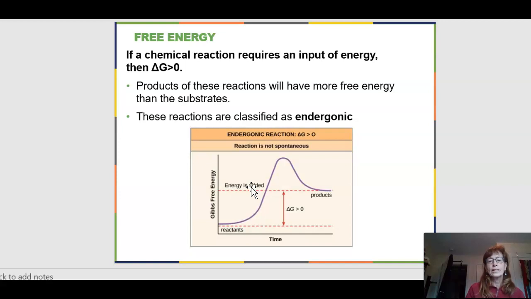Energy has to get added in. We're going to have a positive delta G value here, and that is called an endergonic reaction. Endergonic: think of it as going within, ender, within. So endergonic reactions require energy in order to proceed, and they're not spontaneous.